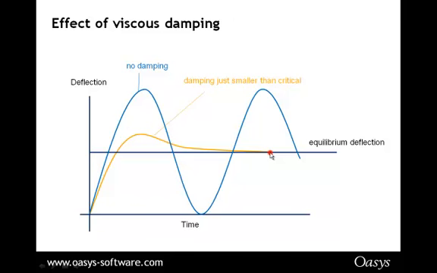But if we have too much damping, then it will take longer to converge. We'll get there eventually. So ideally speaking, you need just the critical damping, but of course that's difficult to judge. GSA will automatically be applying damping during the analysis, but if necessary you can go in and take manual control on that.